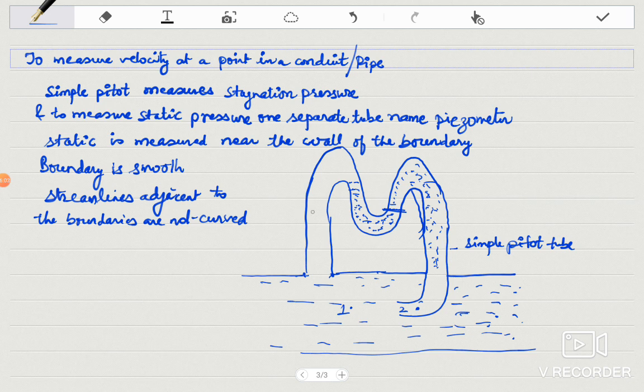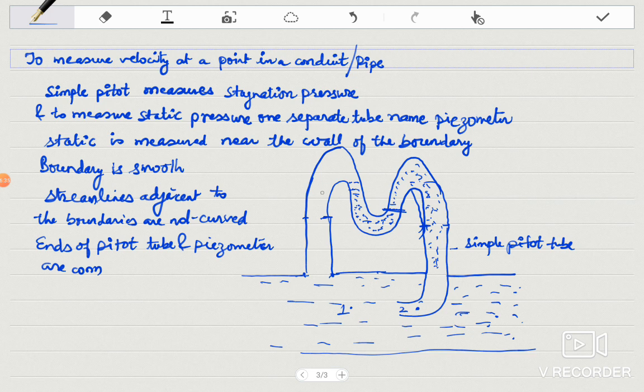Now the ends of the Pitot tube and piezometer are connected to each other. This is the end of the piezometer, and this is the end of the Pitot tube.